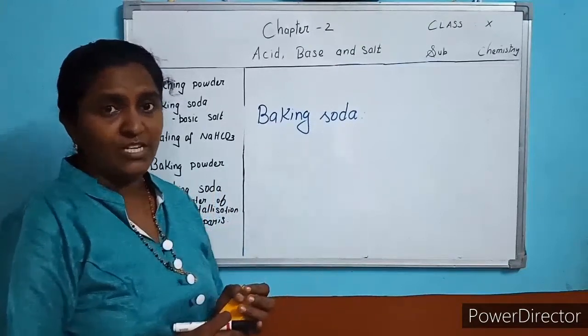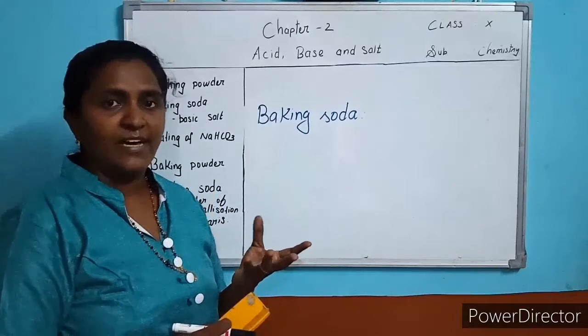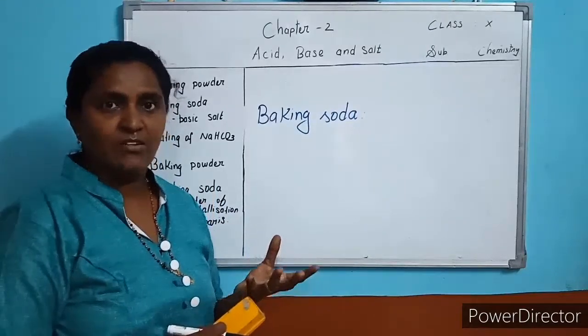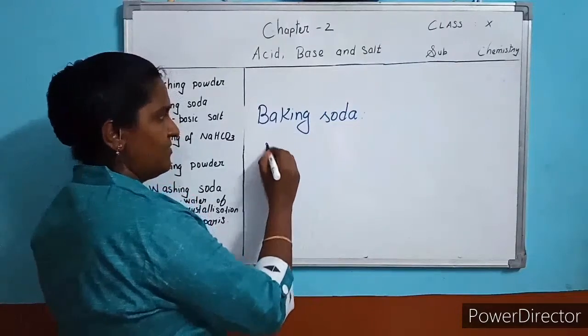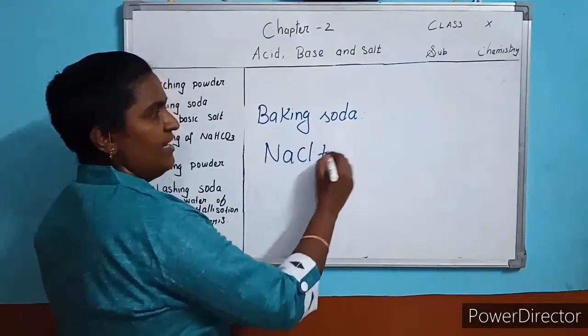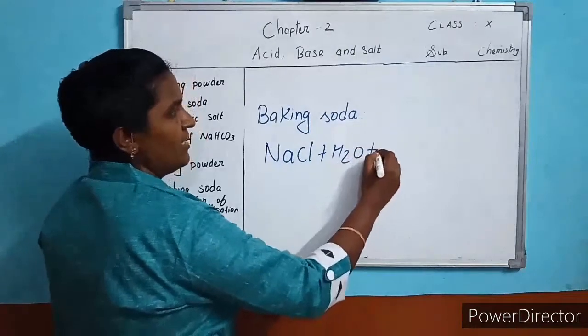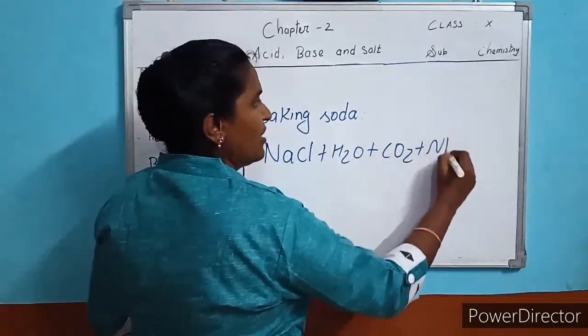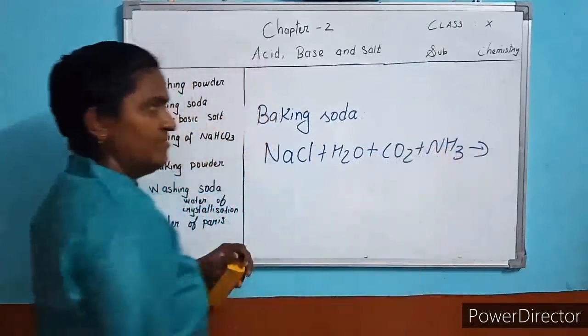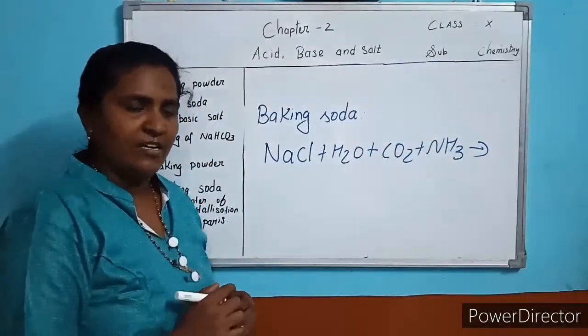What is brine solution? It is a mixture of NaCl with water. So I am going to write the equation. NaCl, add water and carbon dioxide, ammonia. Okay.